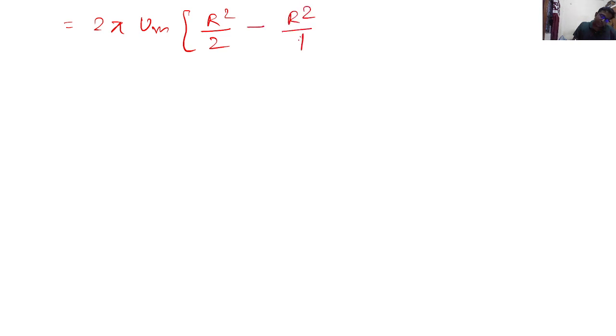So just to end this question, we will finally integrate it. Putting the limits into the integration, it would look finally like this: 2 pi Um R square by 4 would be the Q, the discharge.